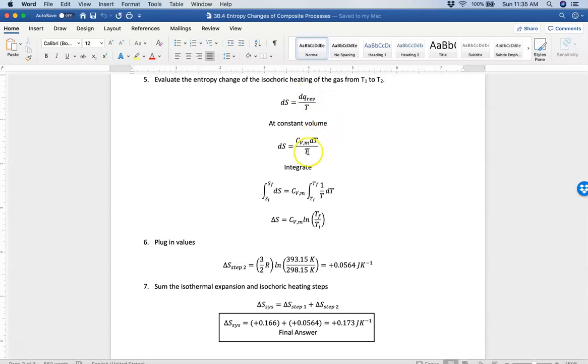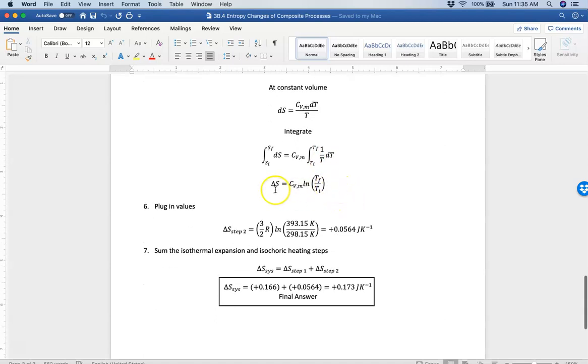Now we have a variable with an infinitesimal, dT over T, so I can integrate from S initial to S final, which gives me my delta S. On the right-hand side, I can take out my constant, the heat capacity at constant volume, and integrate from Ti to Tf for 1 over T dT.